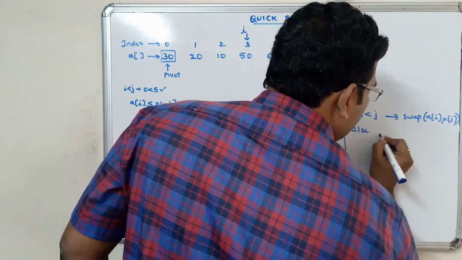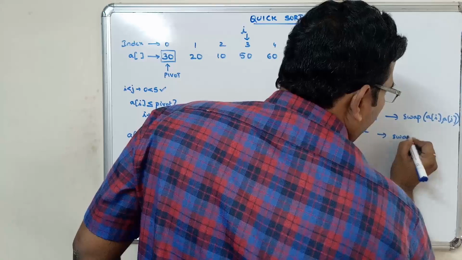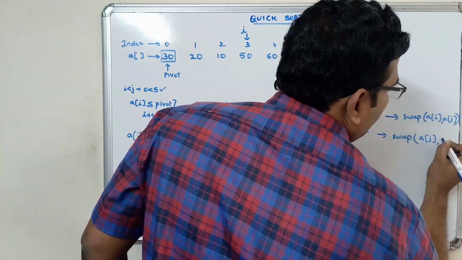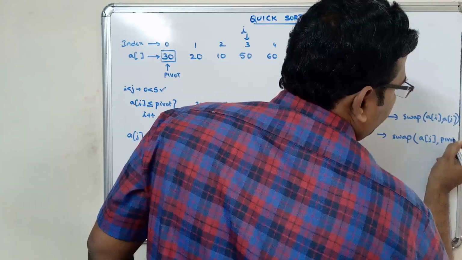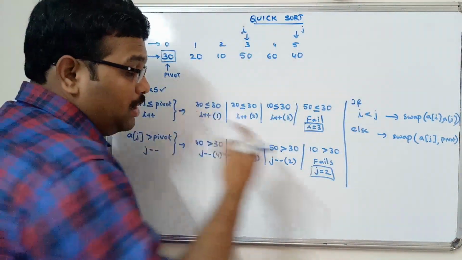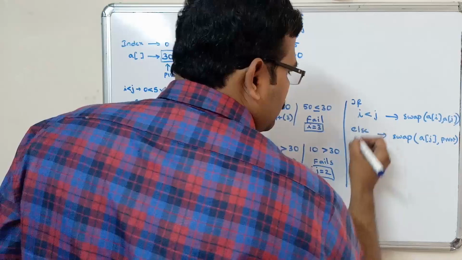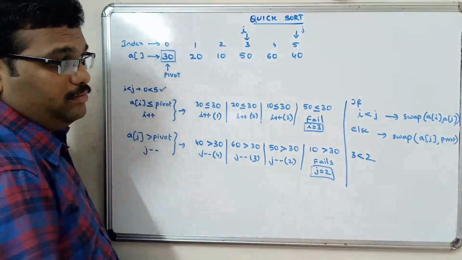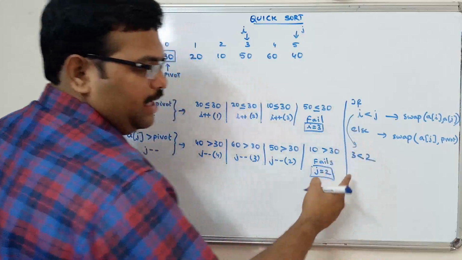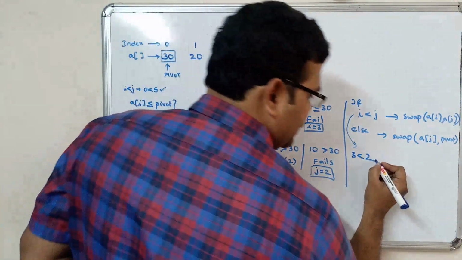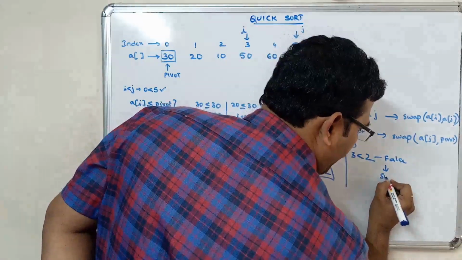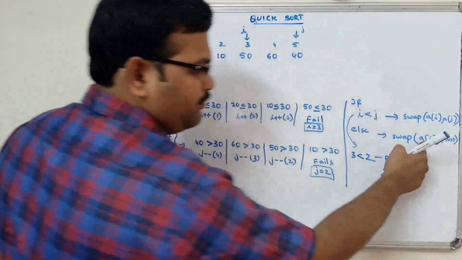Else we have to swap a of j element with pivot, right? Now let us check the condition here. So i less than j, 3 less than 2, which is false, right?